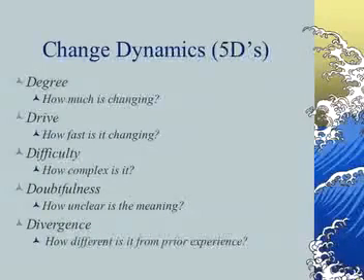That can make things exceedingly difficult. Now, these 5 Ds are all present when we're considering change dynamics, but they're all present to greater or lesser degrees. And understanding what the principal components or drivers are behind the dynamics can help us immensely.